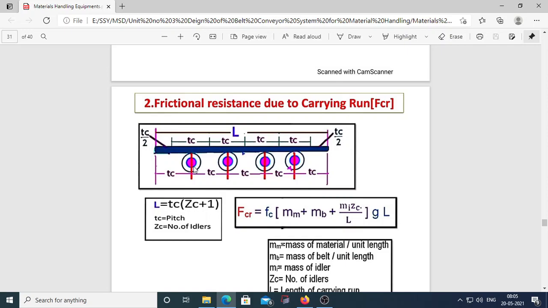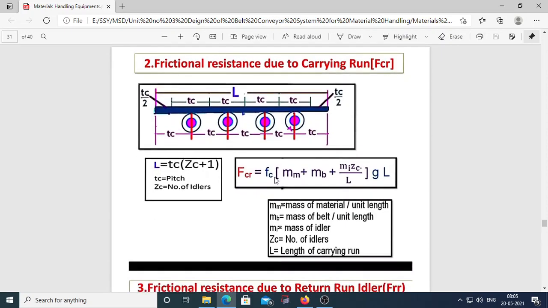Then we want to calculate the total frictional resistance due to the idler, FCR. How to calculate this? There is one derivation you have to be given. You have to calculate the vertical load on each carrying run idler, and you will get the formula.